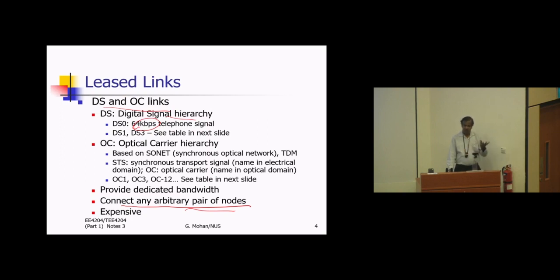But if you look at the telephone network, there are many 64 kbps links from individual homes. So 1000 homes are there. We cannot have a telephone cable connecting all 1000 pairs of homes. Instead, what we do is we have a multiplexer.